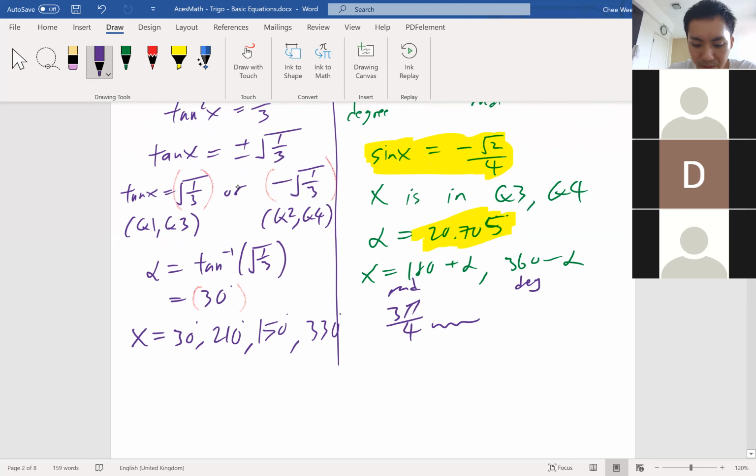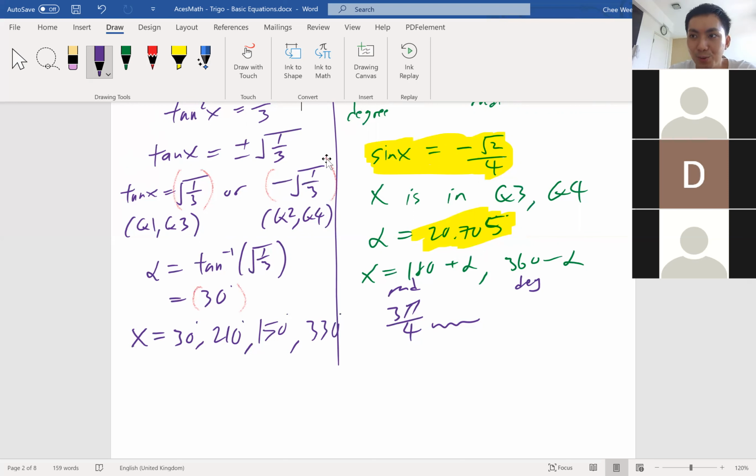Remember degrees to radians, 360 degrees corresponds to 2 pi.